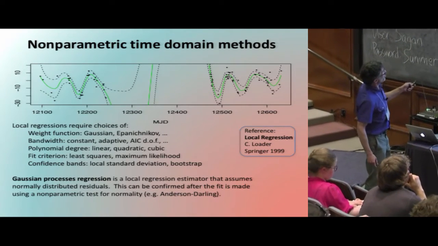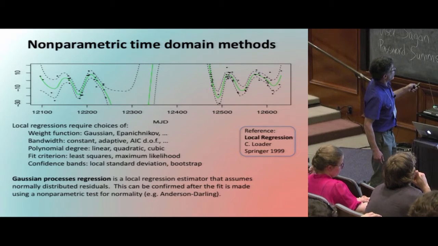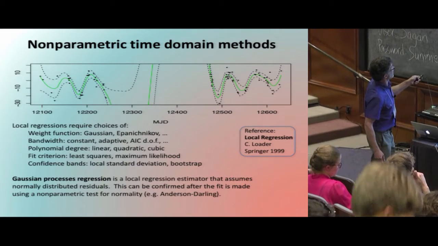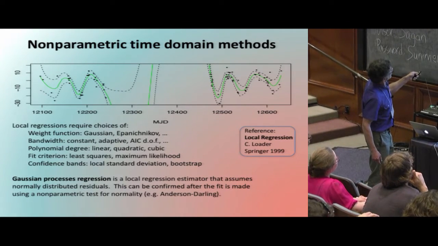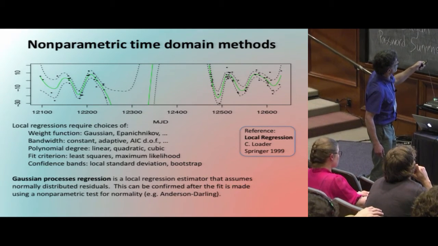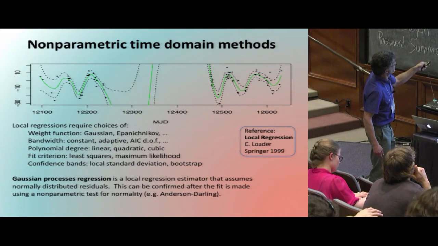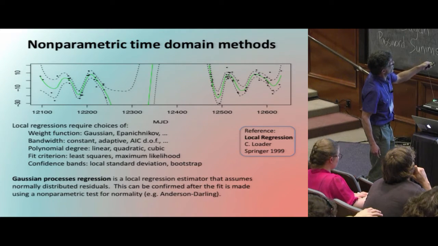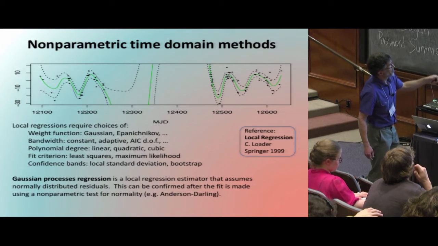But let me mention this method, which locally calculates typically a quadratic polynomial through the data, going point by point and choosing a window, fitting a local parabola and patching them together in a smooth fashion and going through the data in this way.